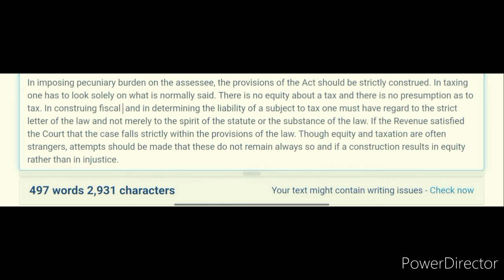If the revenue satisfied the court that the case falls strictly within the provisions of the law, though equity and taxation are often strangers, attempts should be made that these do not remain always so, and if a construction results in equity rather than injustice.